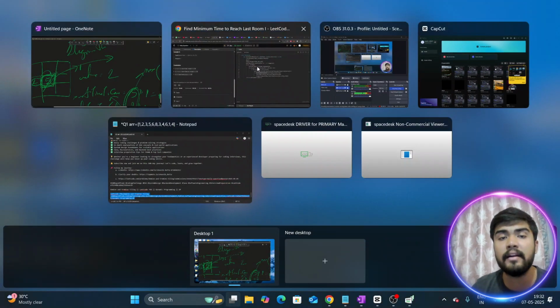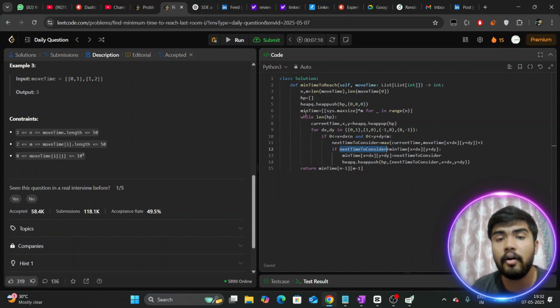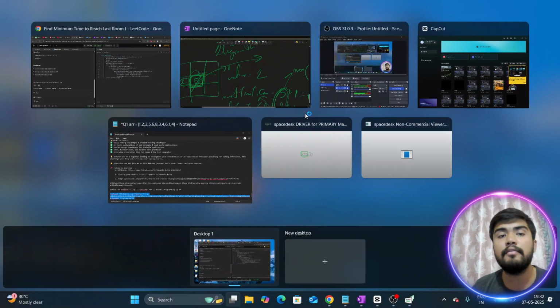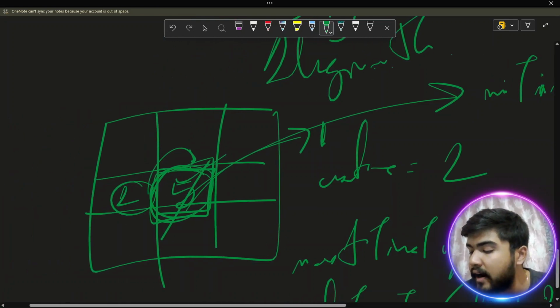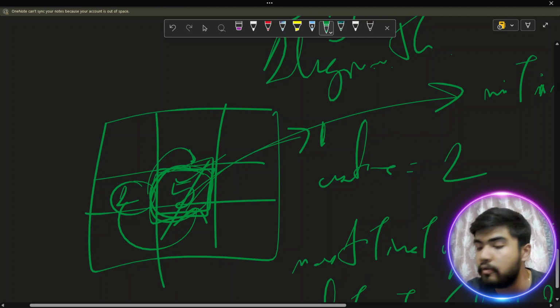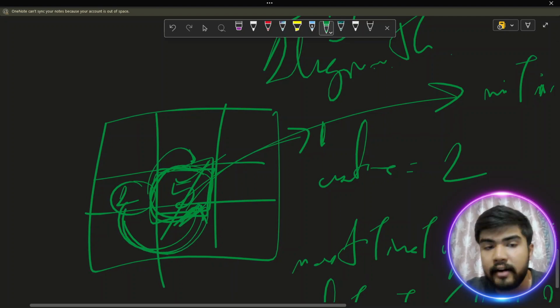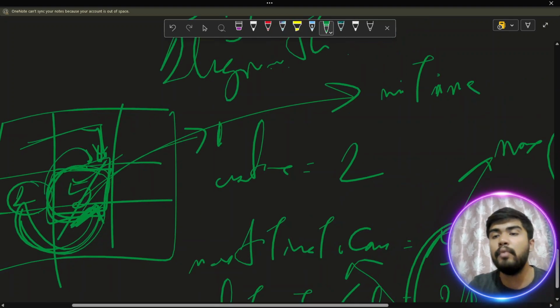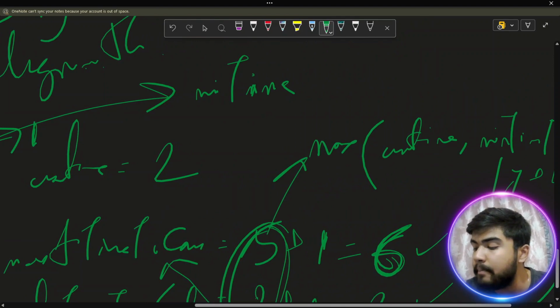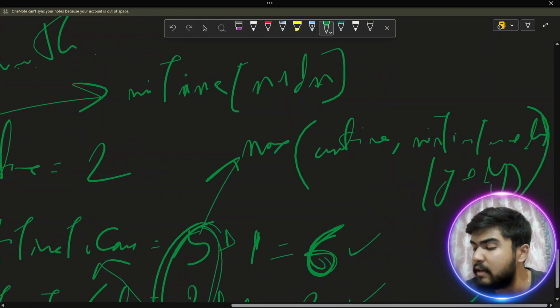Which variable am I storing it in? Min time. This is the movement we are trying to make, which I am repeatedly highlighting. But let's suppose there is a path like this, in which we have visited the min time of x plus dx, y plus dy, right guys?